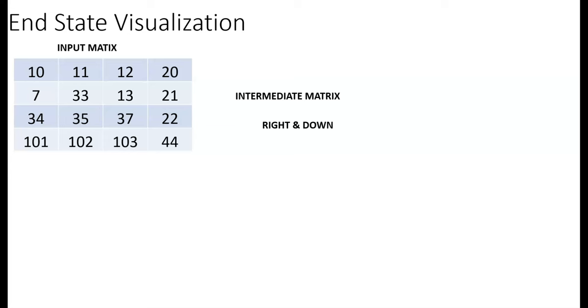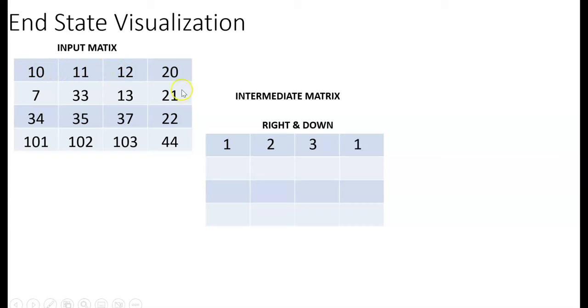So when you look at this, right and down, the first one is 1, right? When you just consider this 10, the maximum length it will have is only 1 tile. Now when you look at 10 and 11, there are 2 tiles it can move, so the answer is 2. When you look at 10, 11 and 12, it is 3 tiles it can move, right? So from 12, 10, 11, 12, 3 tiles.